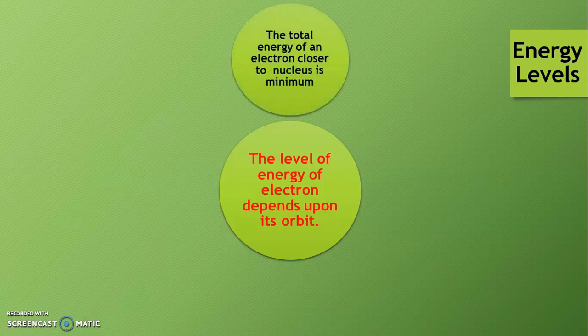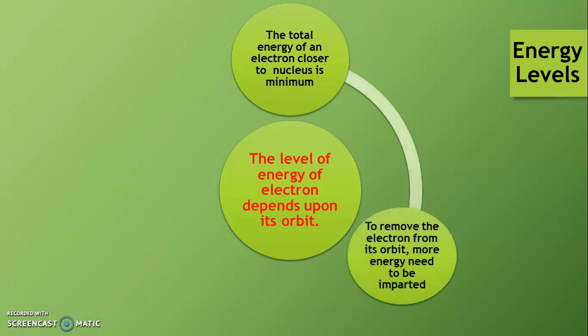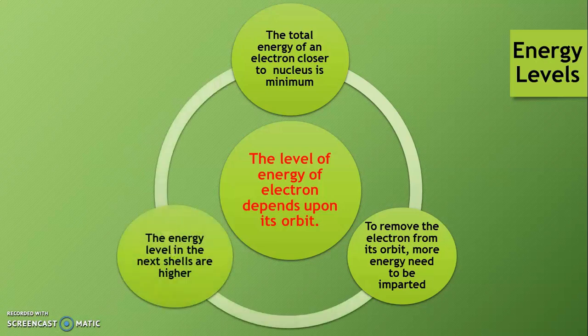The total energy of an electron closer to the nucleus is minimum, and that is why to remove the electron from its orbit we need more energy to be imparted. The energy levels in the next shells are higher.